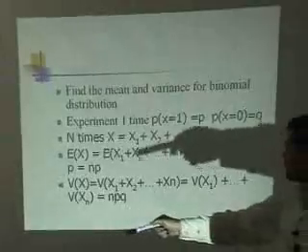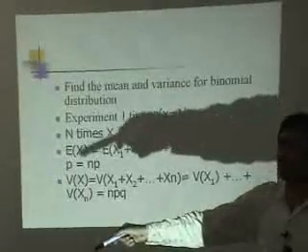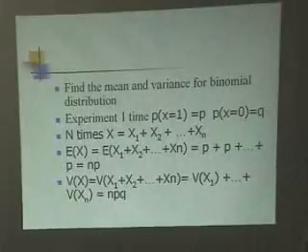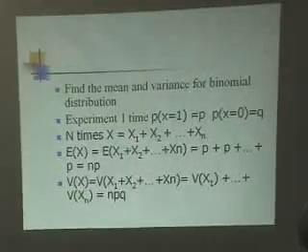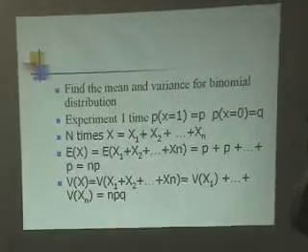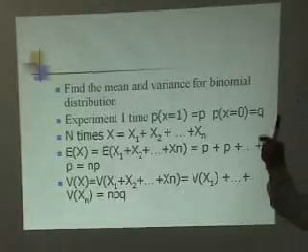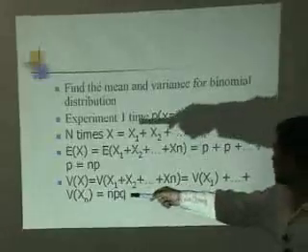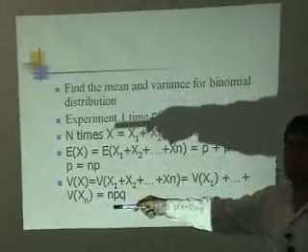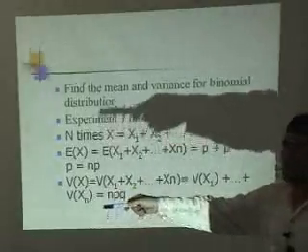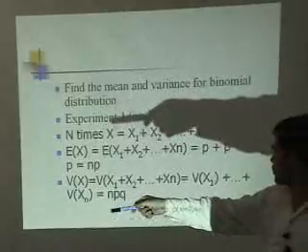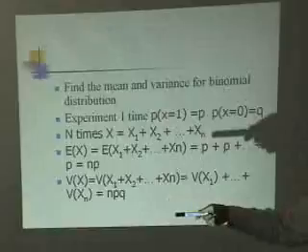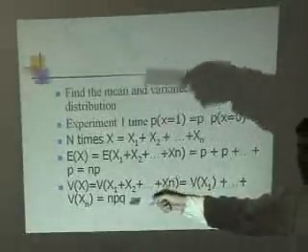So then what do you get for the expectation of X? Because you have to do the experiment n times, not just one time, but individually, that is one time, one time, one time, up to n times. So this variable, for the binomial distribution, is equal to n Bernoulli trials.